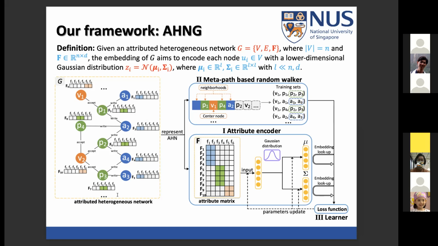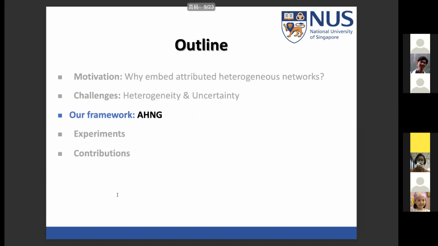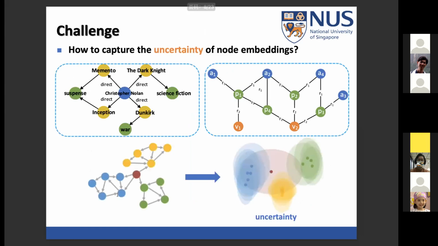And the AHNG. Mengyue, I have a question. Why does it have to be a low dimensional Gaussian distribution? If I understand it correctly, each mu is a lower dimensional vector, and the Gaussian distribution has 2 parameters.